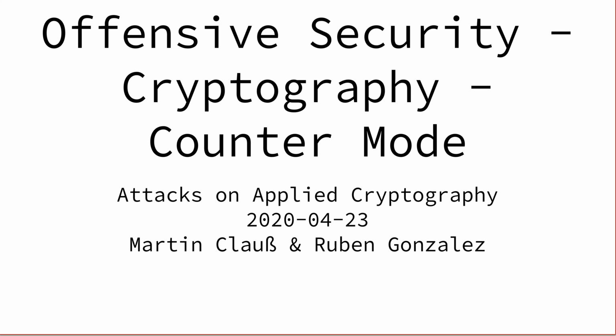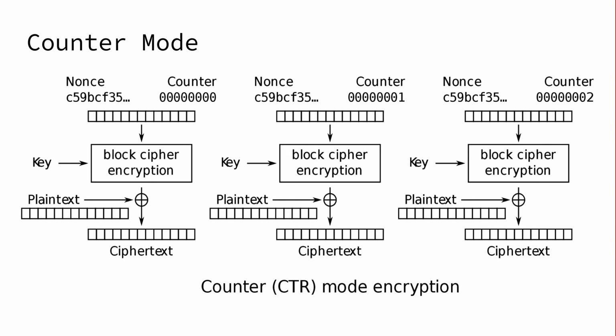The last mode we're going to look at that is commonly used is the counter mode encryption. So we have our block cipher here with a key, and in counter mode we don't actually encrypt the plain text with the block cipher. What we do is we have a unique nonce, a number used once, and a counter, and we encrypt those values with the key.